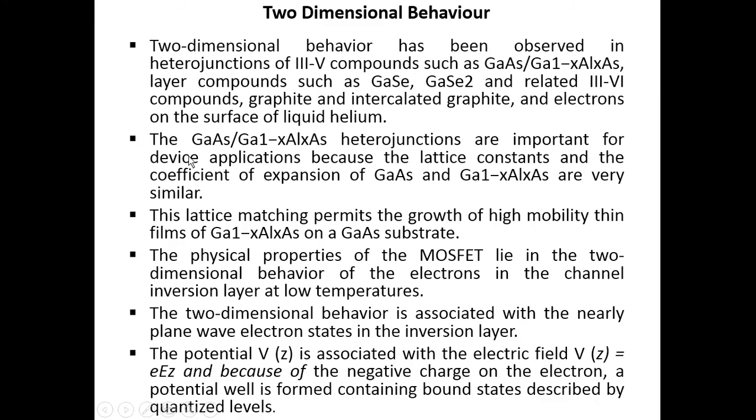The coefficients of expansion of these two materials are almost constant, and the lattice constants are also very similar, right? This lattice matching permits the growth of a high mobility thin film of gallium aluminum arsenide on a gallium arsenide substrate. It is this facility that allows a number of devices to be produced, and these are all considered high mobility electron devices.